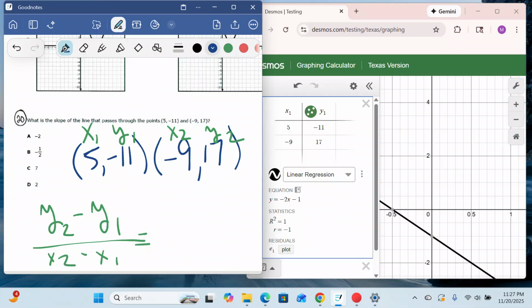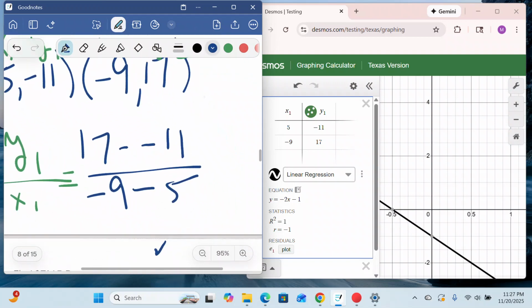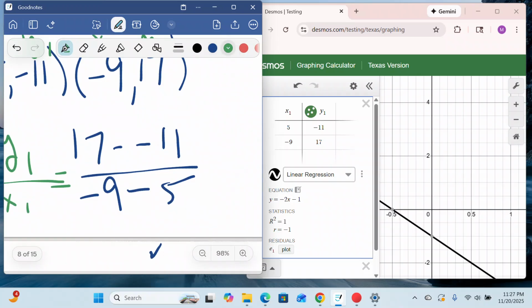So what I would do is say y2, 17, minus negative 11, divided by x2, negative 9, minus x1, 5. I would input this into Desmos to get my answer. But if I learned my first week of school, I would go, this is keep change, plus, plus.